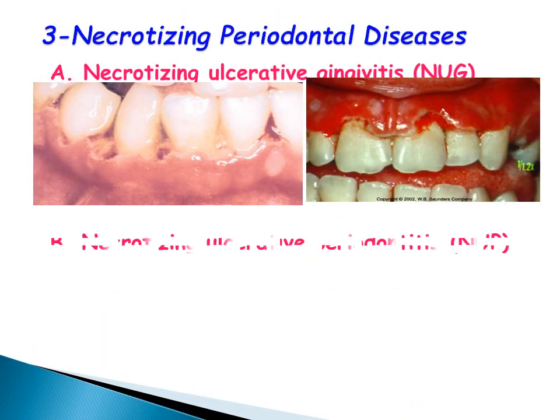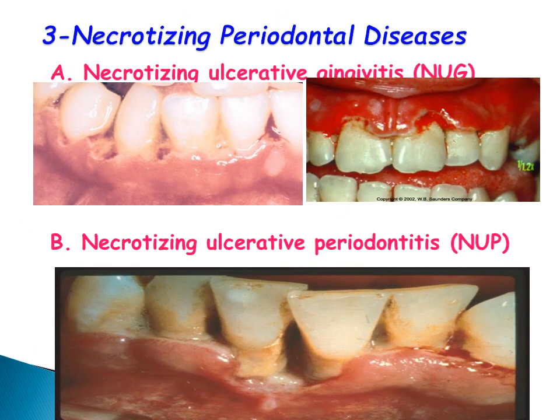I will start to discuss with you the necrotizing ulcerative gingivitis. This is an infection characterized by gingival necrosis, presented as punched out papillae, as you see in the picture in the interdental area, with gingival bleeding, pain, fetid odor, and pseudomembrane formation may be a secondary diagnostic feature.